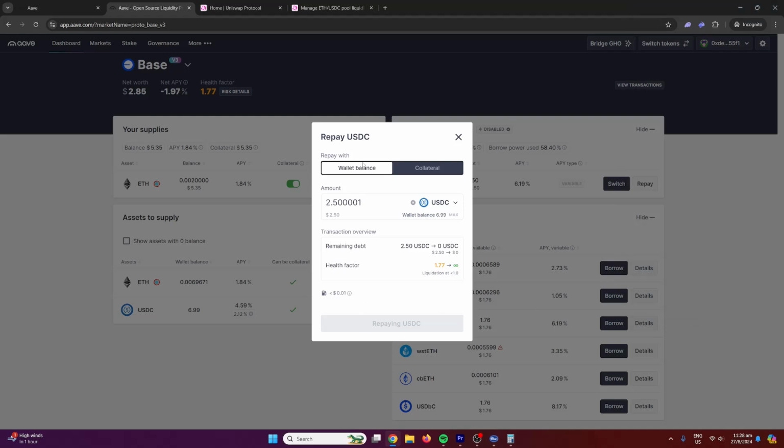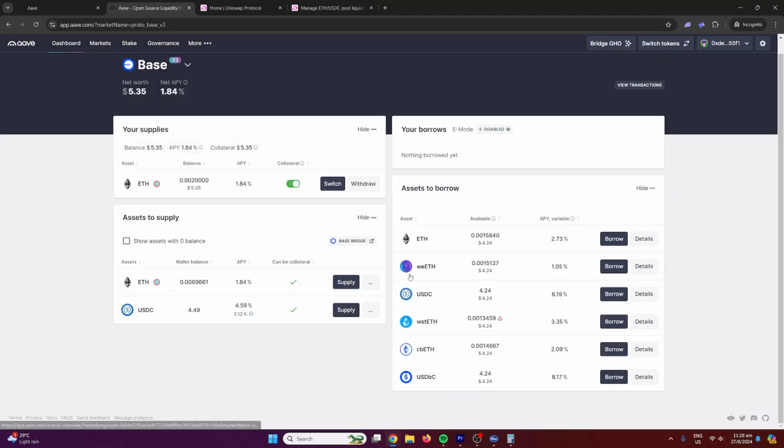So once we have repaid our debt, together with the interest, you can see there's 0.0001 more, and that is the interest that I have incurred for borrowing $2.50 over a short period of time. This interest will just keep adding as you borrow, based on the APY that's here, around 6%. Depending on the type of asset, it could be really high or very low, and all of this is automatically calculated by the smart contract.